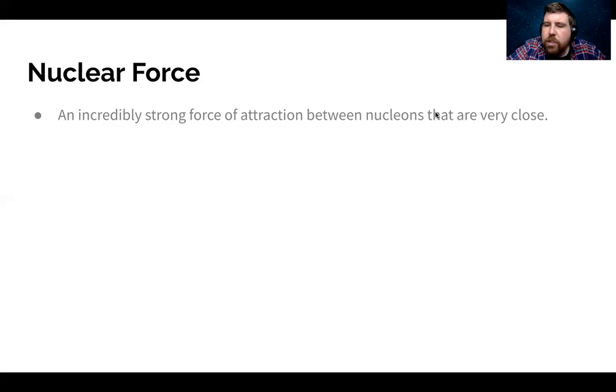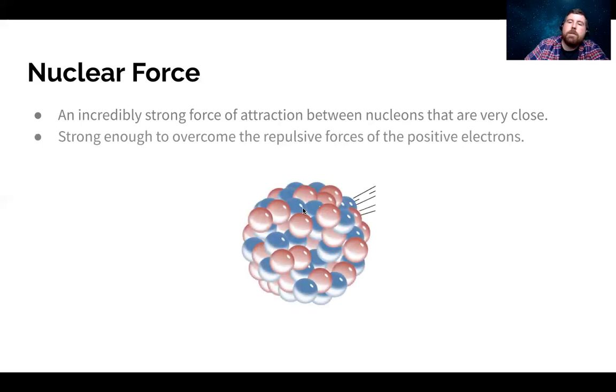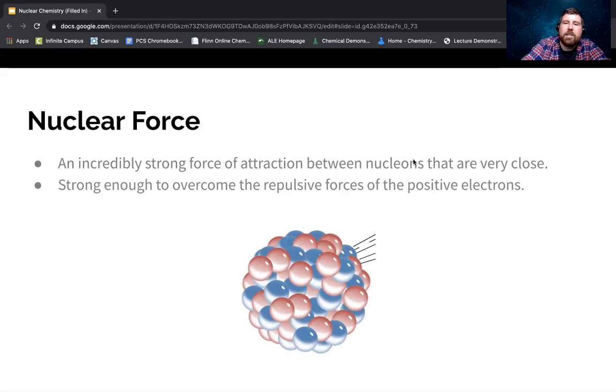We have positively charged particles very, very, very close. Why is this? Well, we have an incredibly strong force of attraction between nucleons that are very close, and we call this the strong force. This strong force, the strong nuclear force, is strong enough to overcome the repulsive forces felt between positive protons.